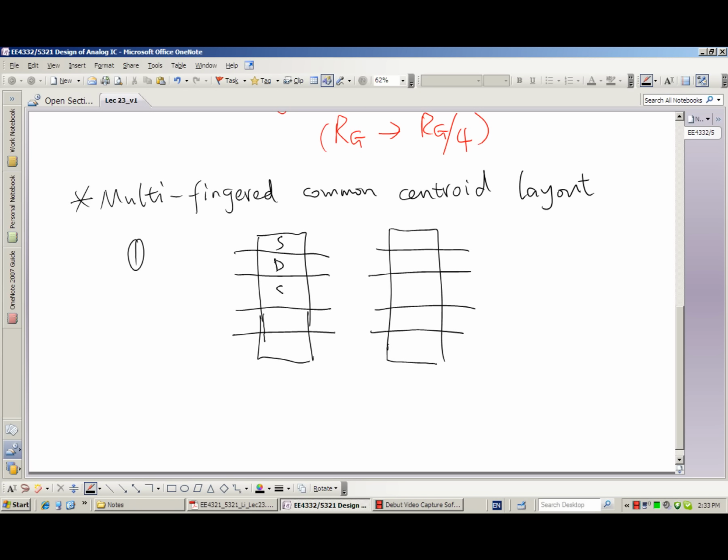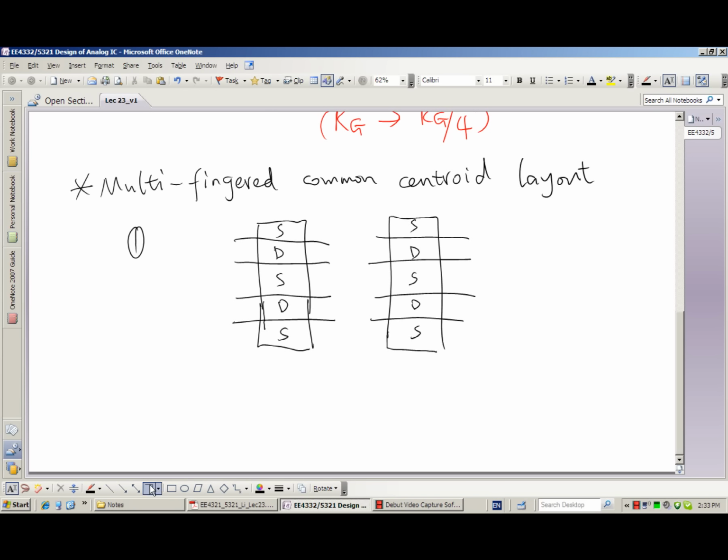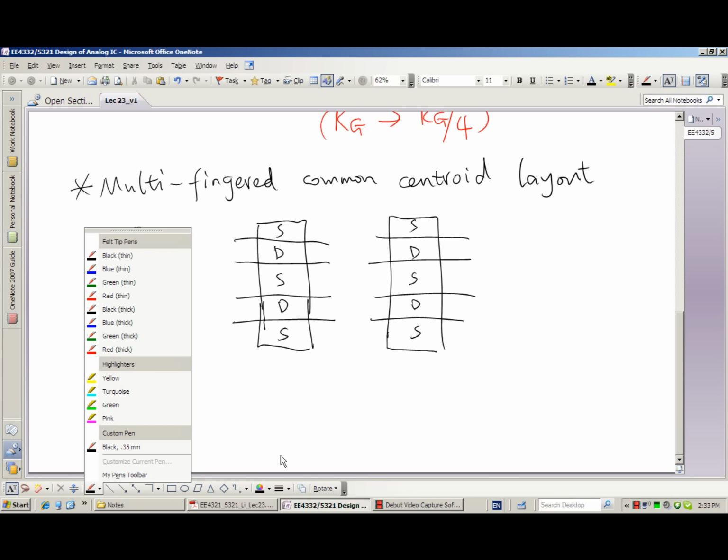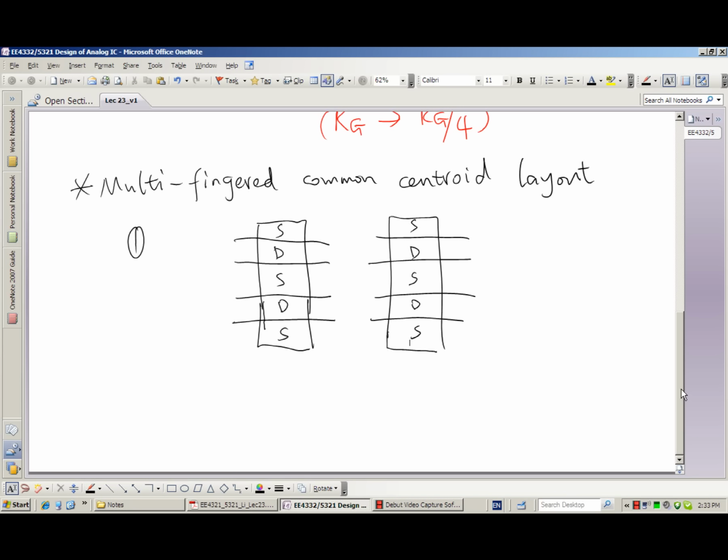And we have source, drain, source, drain, source, drain, source. Okay. First of all, let's take care of our source. Because all the sources of the differential pair are connected together, we can do this. Connect the sources together. And then take care of the drain.